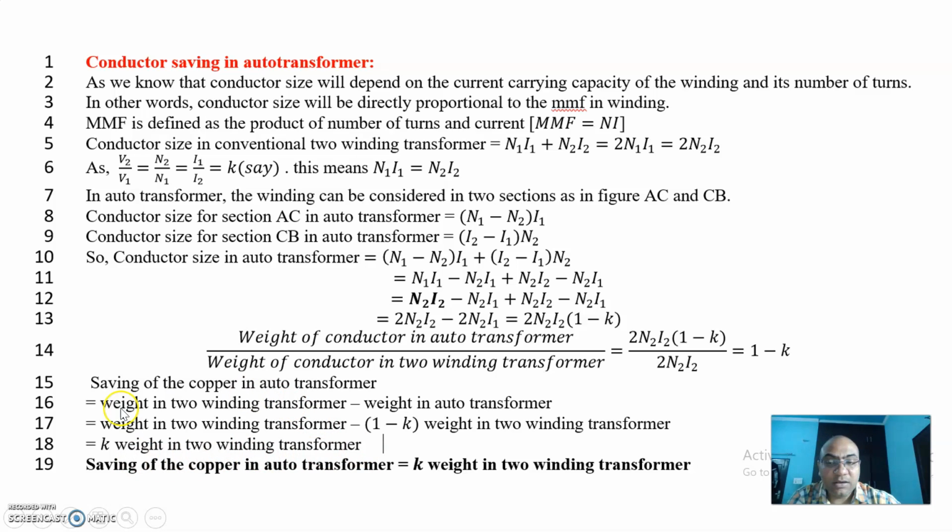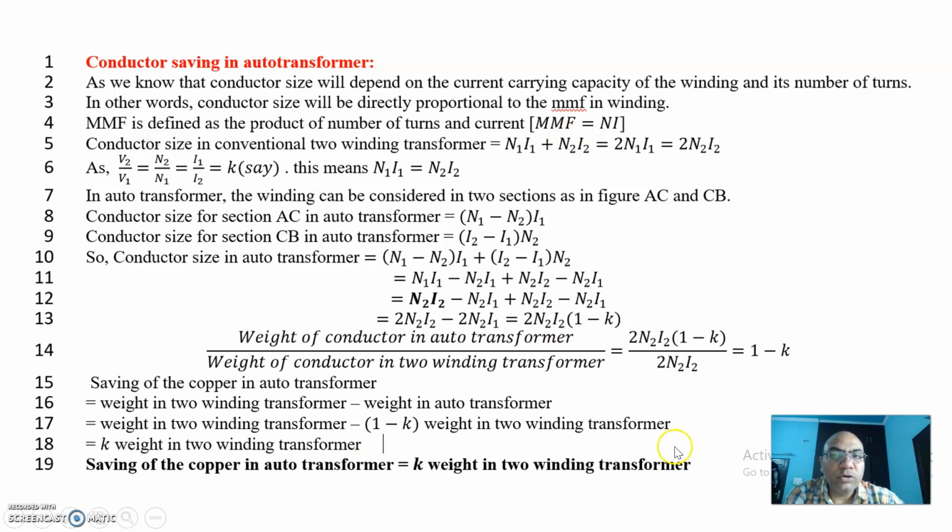So you can see here that in an autotransformer, the saving can be calculated by the formula K times the weight in the two winding transformer. So if the value of K is 2, then our saving will be double, means 50% of the copper we will save in the autotransformer.